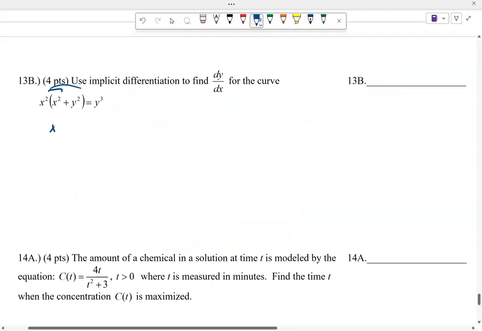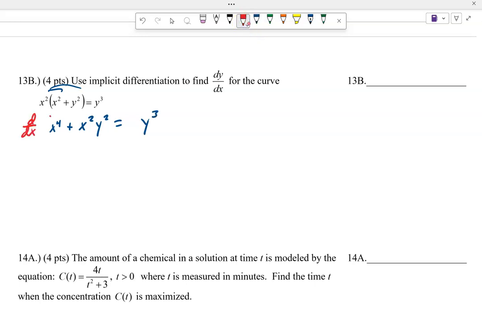13b here, we're running implicit differentiation. So let's go ahead and take that through first before I run the derivative. Now I'm going to take this derivative with respect to x. So we got 4x to the third plus derivative of x squared, 2x, derivative of the first times the second, plus the first derivative of the second.